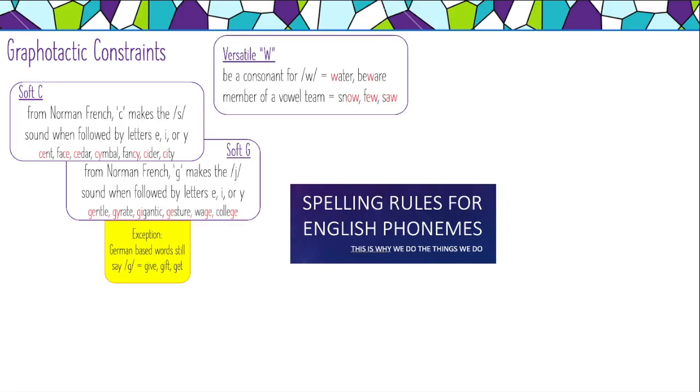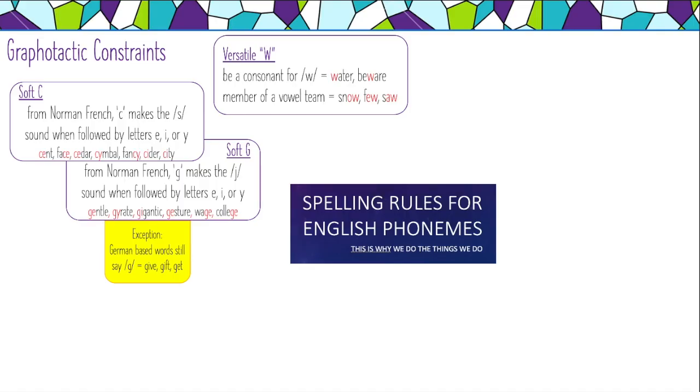Then we've got this wonderful versatile W. Now, W is very vowel-like. Remember, it's a glide. So we're going to start with that W, and it's going to want to go right into a vowel sound, which means it can't be at the end, because that W needs to be in the middle or the beginning.